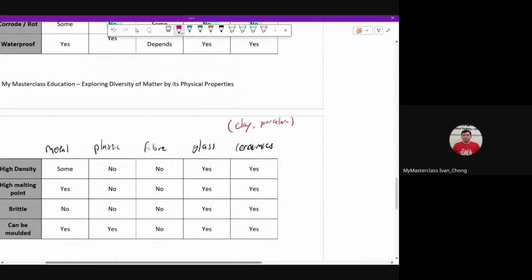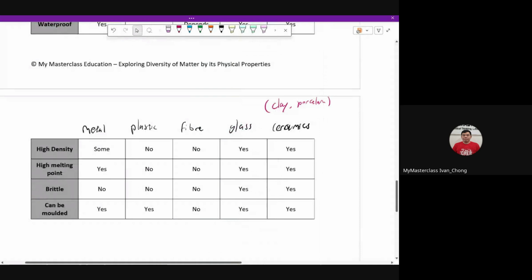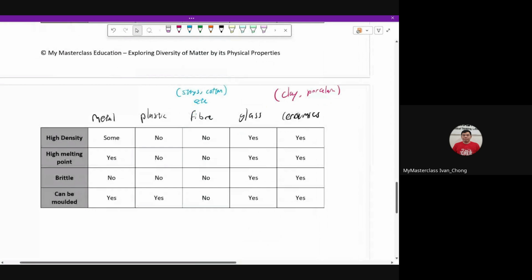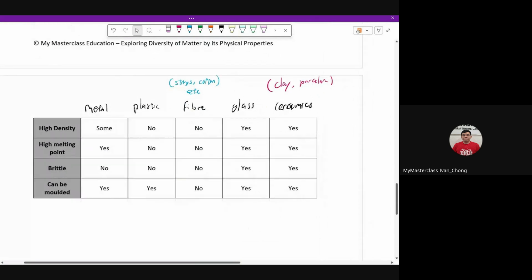Okay. Fiber, on the other hand, can be your strings. It can be cotton, etc. Okay. Plastics got all your different types. Now, high density itself, most of the time, glass and ceramics have high density. And typically, if you have high density, you technically have high melting point, but this is not confirmed.